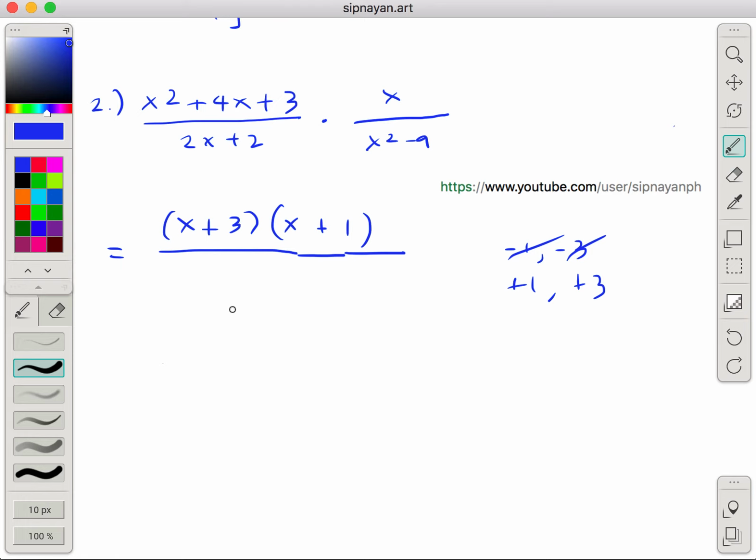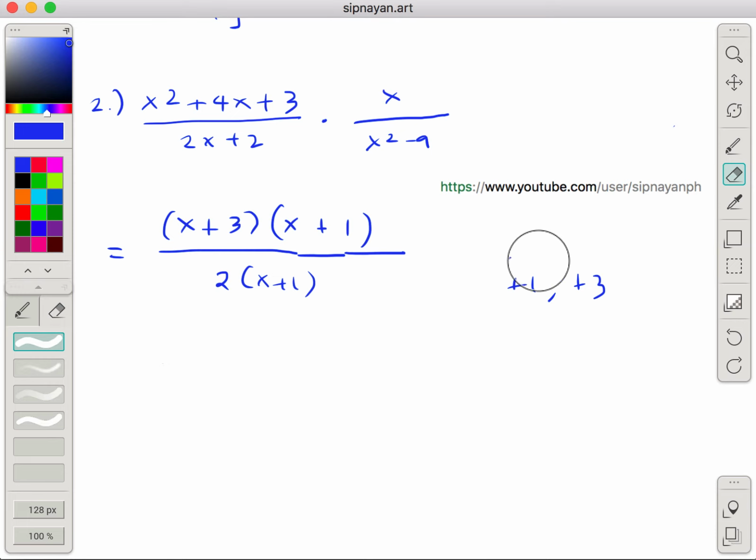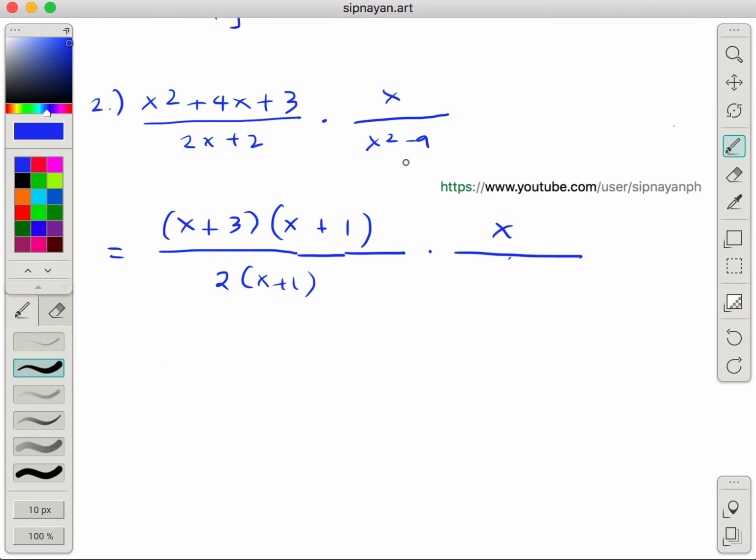So, tama. And then ito, pwede ba nating ilabas yung 2? Yes. 2 times x plus 1. Pag dinistribute din natin yan, babalik din siya dito, magiging 2x plus 2. And then yung kabila naman, magiging x over x squared minus 9. But again, x squared minus 9 is a difference of 2 squares. Pag difference of 2 squares, merong plus tsaka minus, tapos we get the square root.